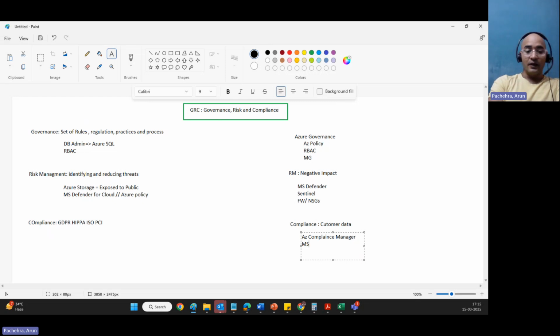Microsoft Defender for Cloud can also be leveraged here through Azure Policy. Use the policies which are meant for compliance. For example, you need to follow HIPAA compliance. You could simply pick the HIPAA initiative of Azure Policy and apply it, and you can see the report in MS Defender for Cloud.